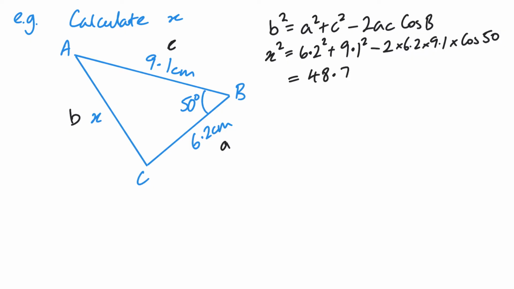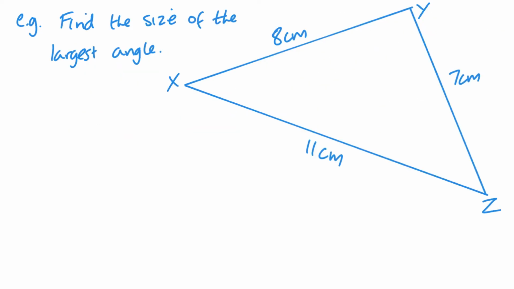And this is obviously for x squared. So then square root that, and I get 6.9798 and so on. Now my question was to one decimal place if you look at the triangle, so I'll do the same here. So we get 7.0 centimeters to one decimal place.